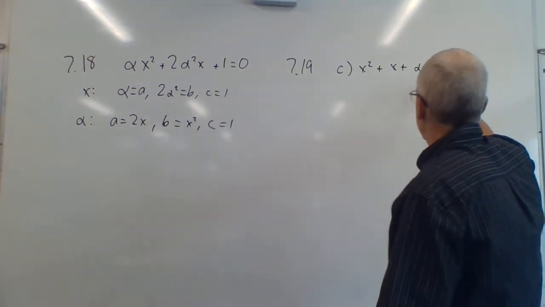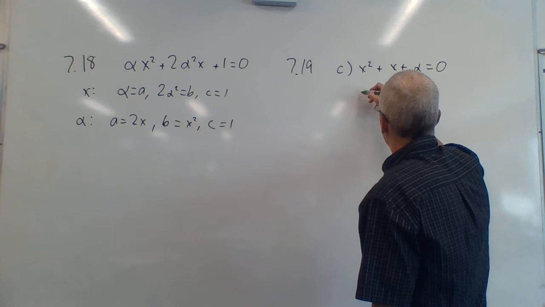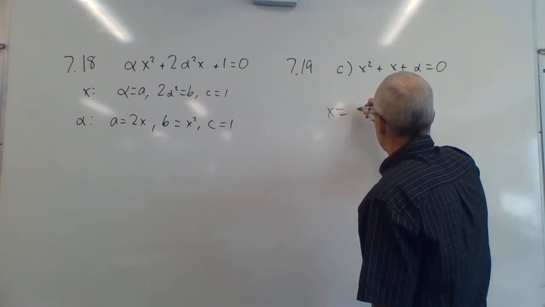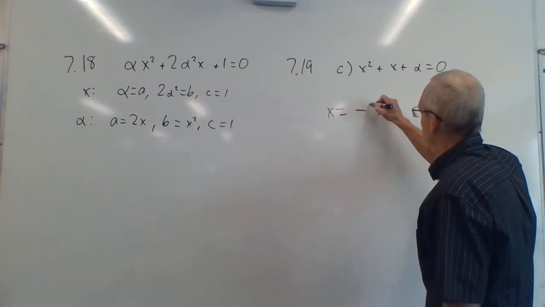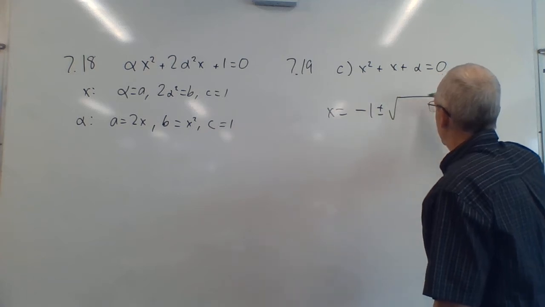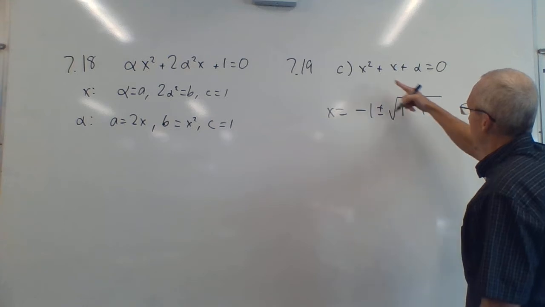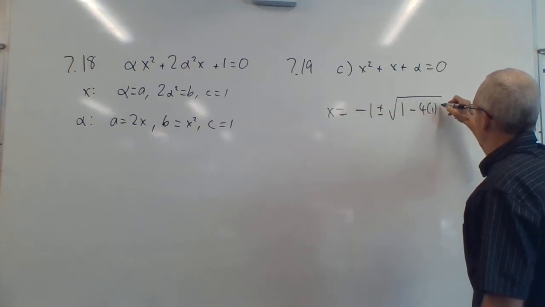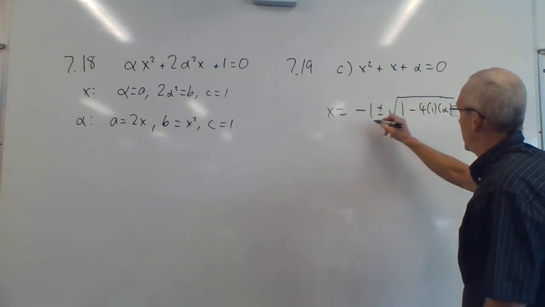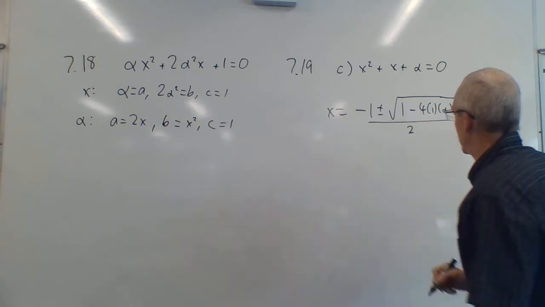So the way we solve this is the quadratic formula. So x is equal to negative b, b is 1, plus or minus the square root of b squared, which is 1, minus 4, a is 1, and c is alpha, all over 2a, which is 2.